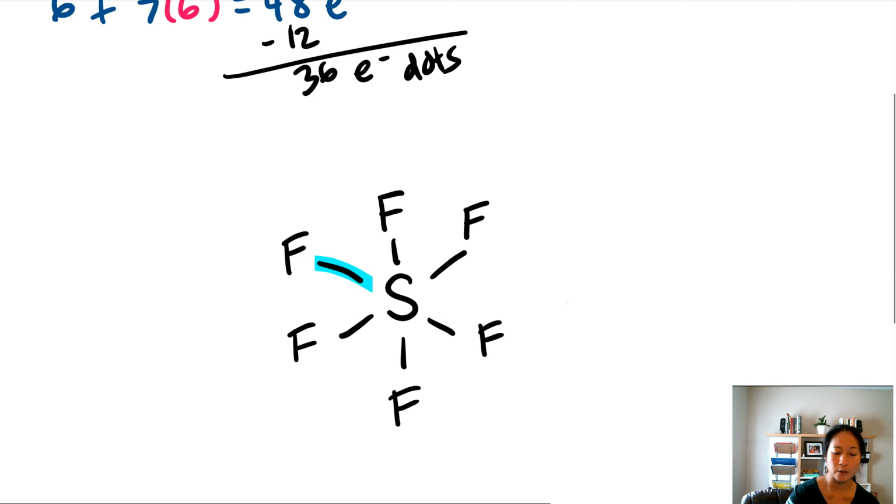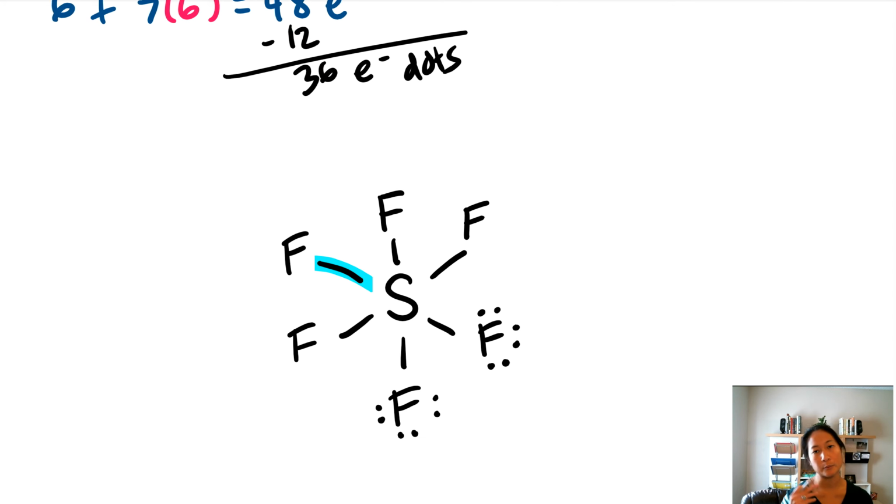So I'm going to start with the outside atoms. They get the lone electrons, i.e. the dots, first until they have their complete octet. So now we're going to draw those lone electrons around every single fluorine, and notice that I'm putting 2 per side of the fluorine.